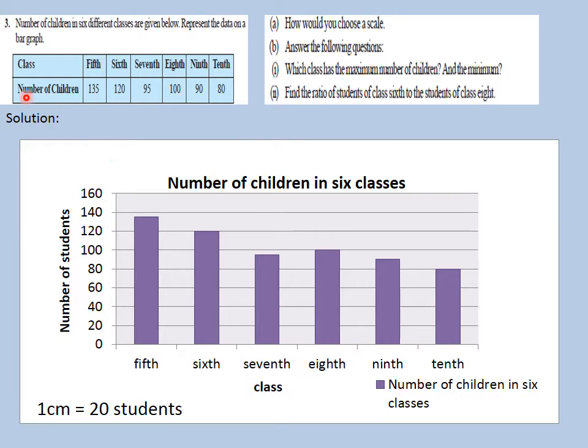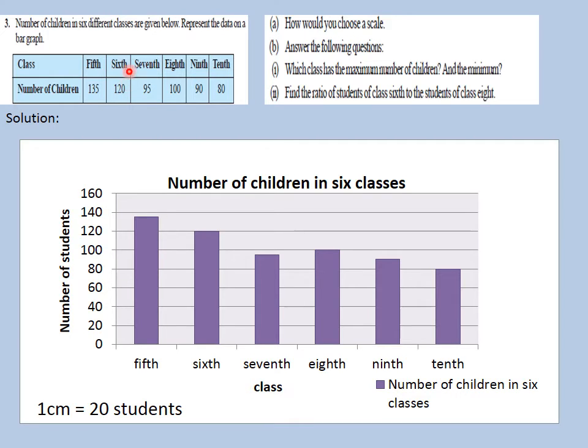On the y-axis, what are we taking? We are taking the second row: number of students or number of children. Now in 5th class how many students are there? 135, almost approaching 140.